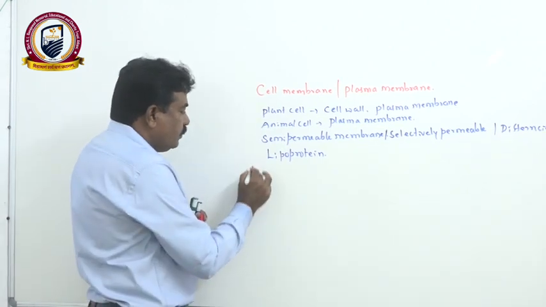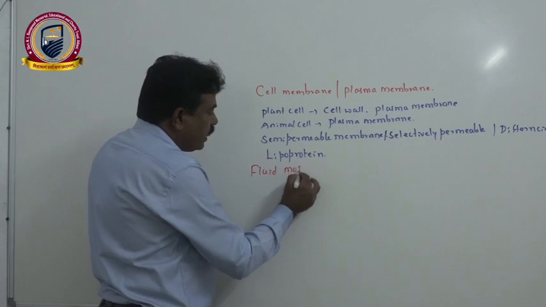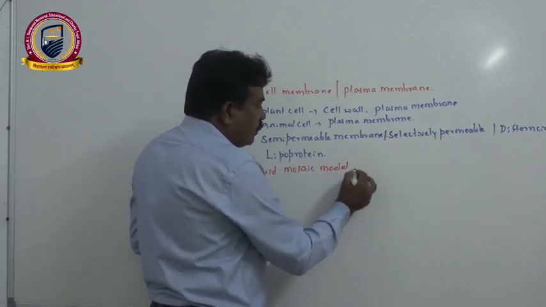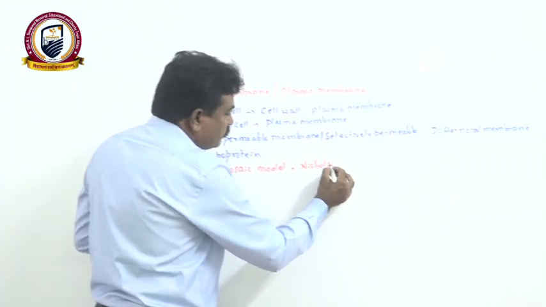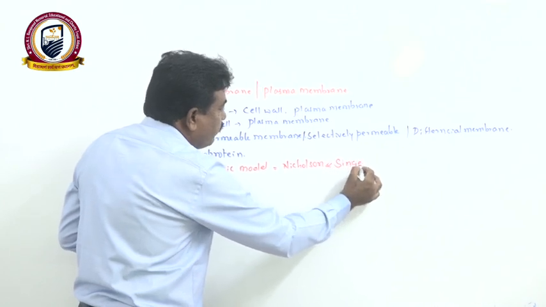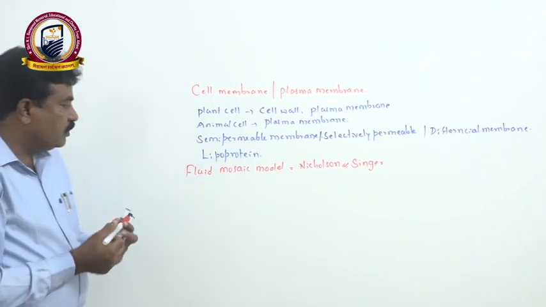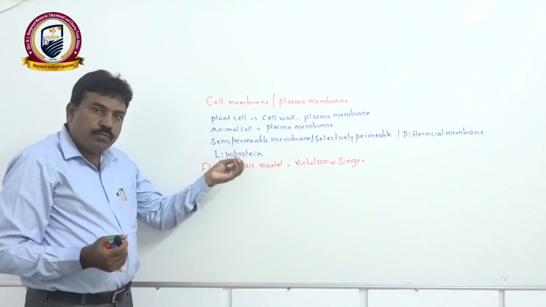One of the most important is the fluid mosaic model, proposed by Nicholson and Singer, the two eminent cytologists, who first explained this model.